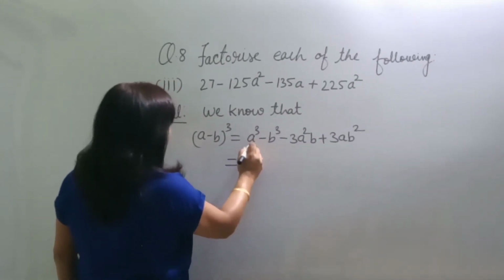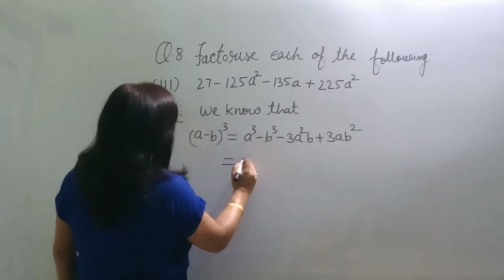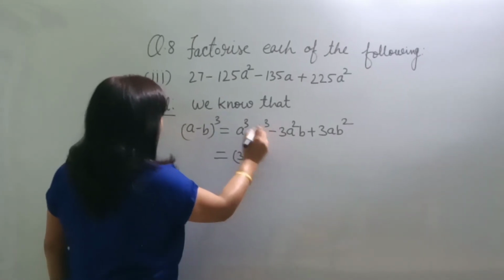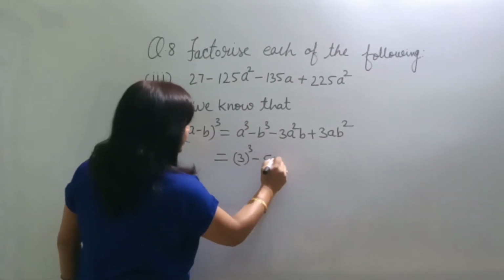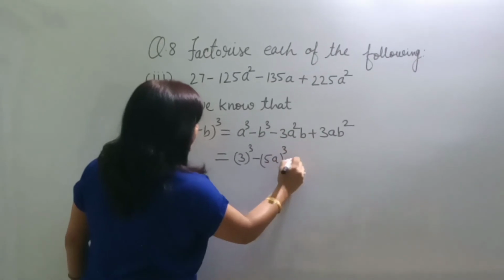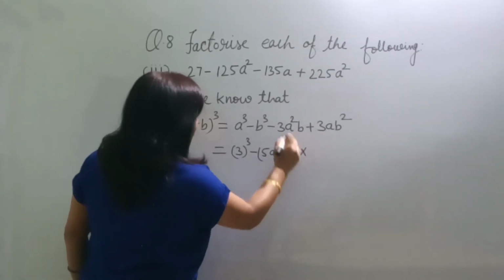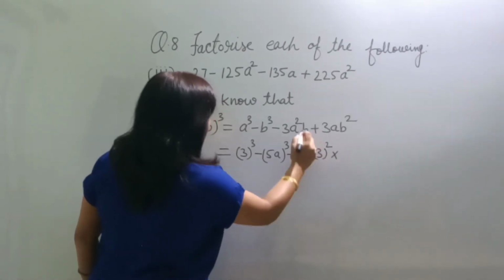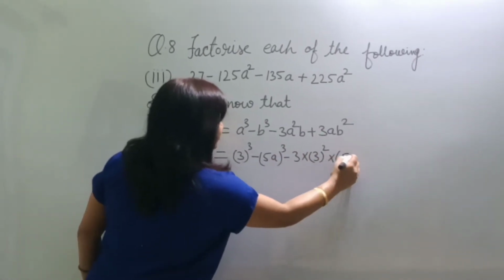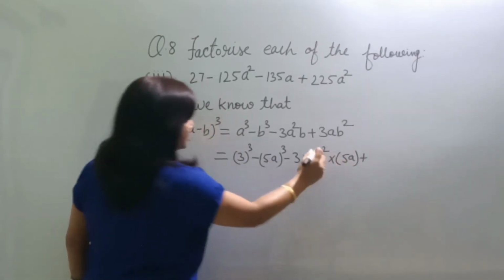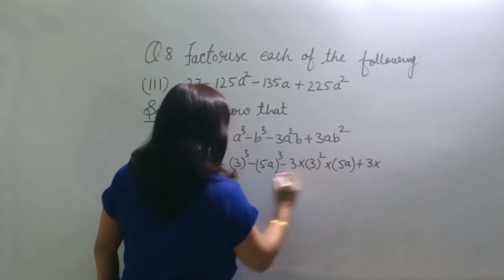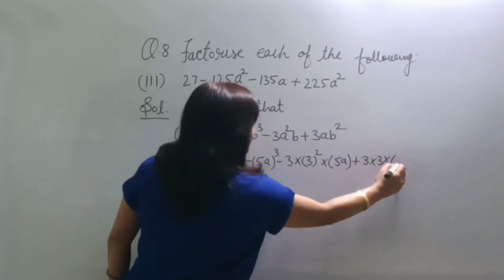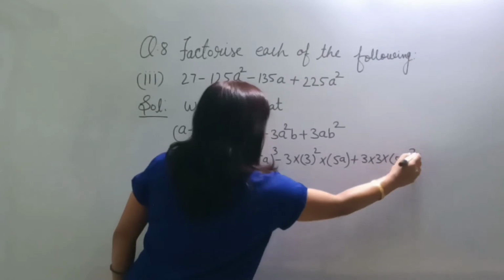So here in place of a cube we will write 27, that means 3 whole cube, minus b cube, that means (5a) whole cube, minus 3 into a square, that means 3 whole square into b, that means 5a, plus 3 into a, and b whole square, that means (5a) whole square.